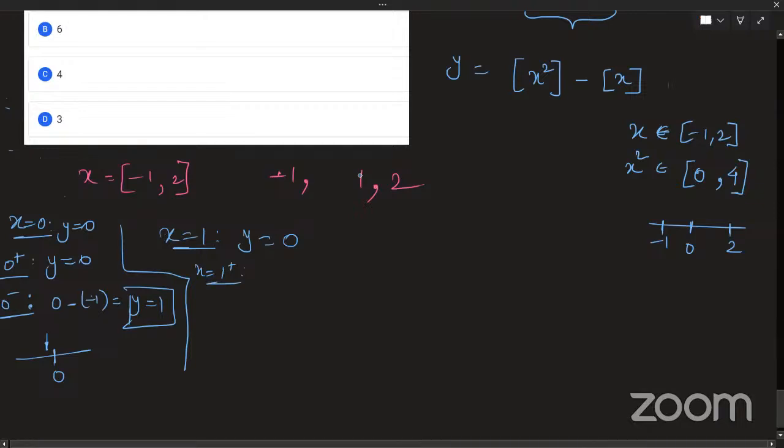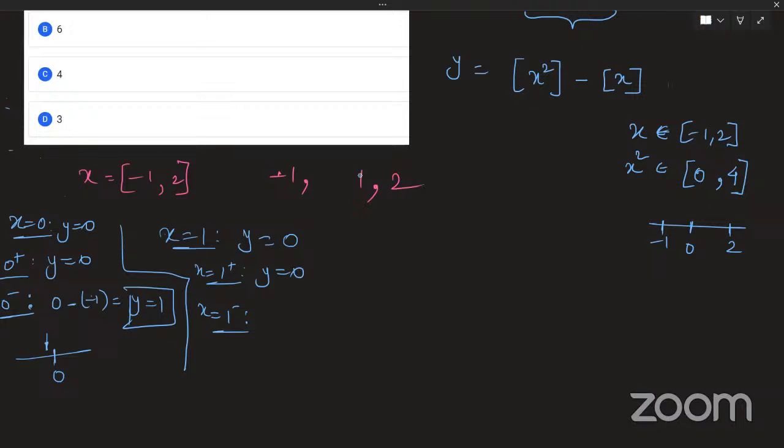1 plus, a value that's just greater than 1. What will it be? Again, 1 minus 1, right? 0. Great. Now, you are taking a value just smaller than 1. So can you tell me what will be your GIF of x?